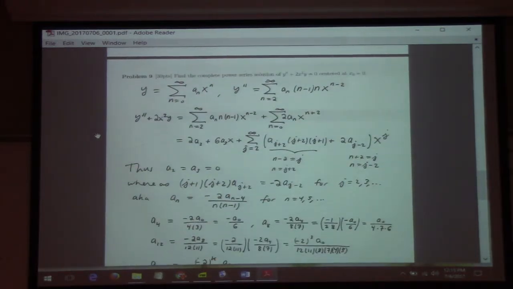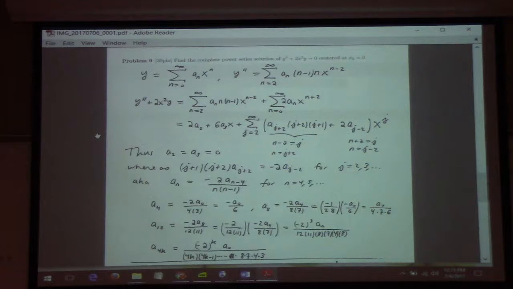And then number 9, find the complete power series solution. So that means summation notation and such. Let's see here. So differentiate 2 times, multiply by 2x squared. Don't forget the 2. A lot of you forgot the 2. Let me rephrase that. There's a 2 here. Yay. And then there might even be a 2 in this step.